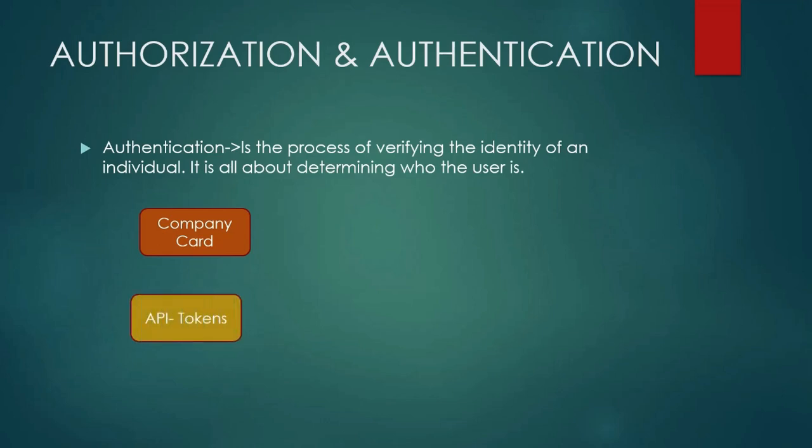For those who are using APIs, some APIs require you to provide third-party API tokens so that you're able to access or get some of the resources that you are requesting. That is the process of verifying your identity.